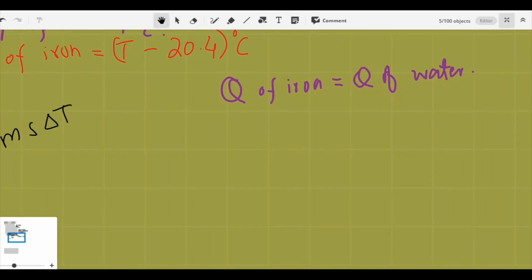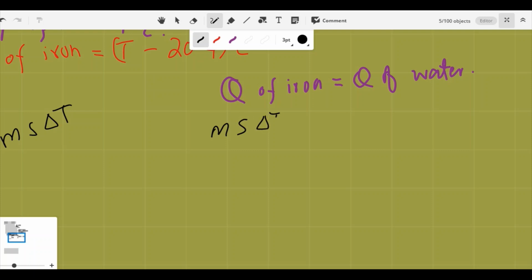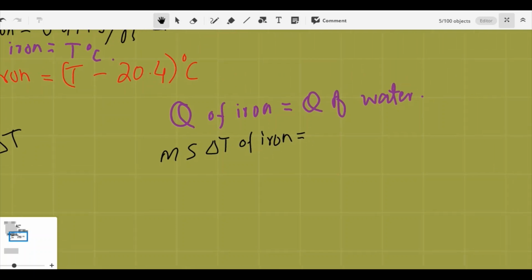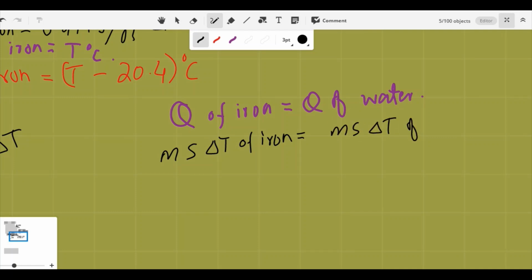So Q of iron, M S delta T of iron, is equal to Q of water, M S delta T of water.